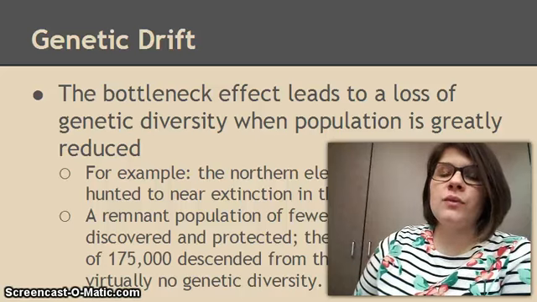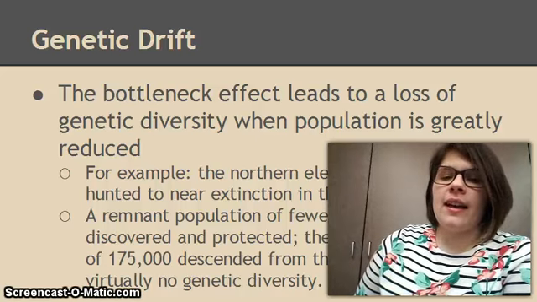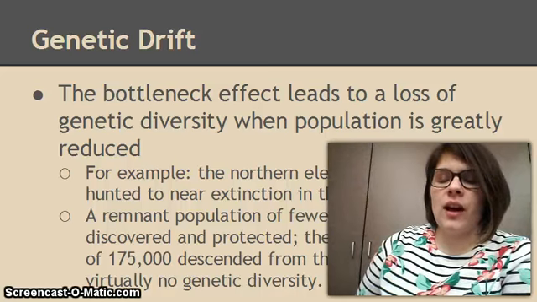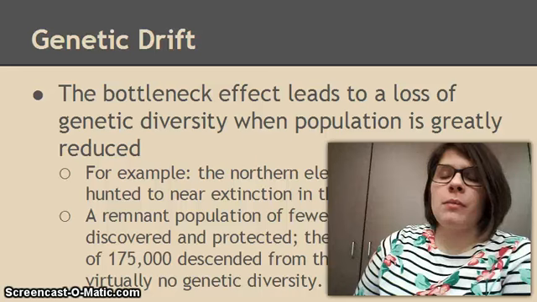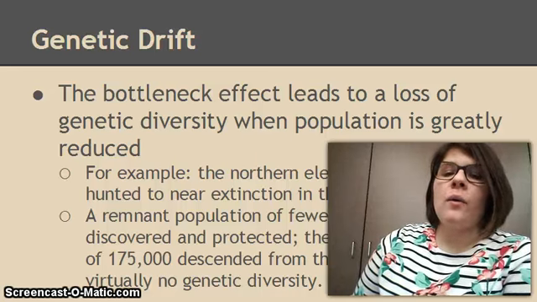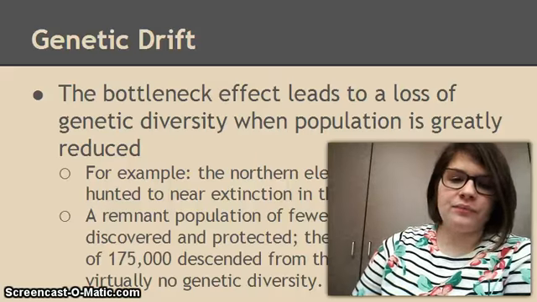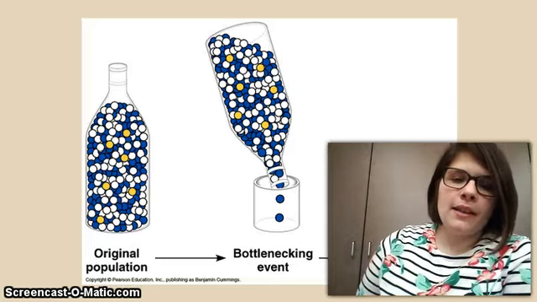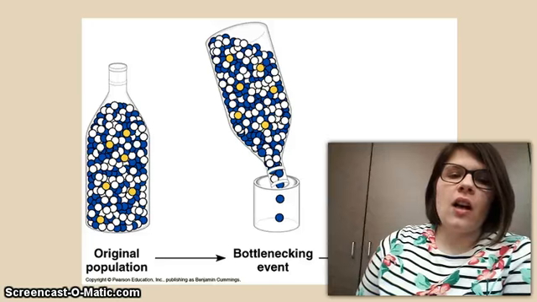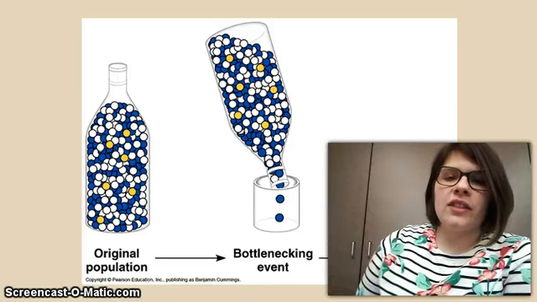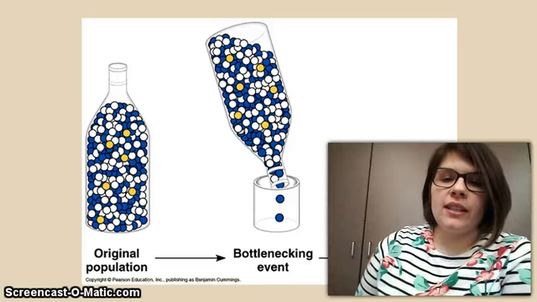Because we reduced the gene pool so much from whatever it had started at to 100, and then we had to build up the population from there, we have almost the exact same genes within that population. So what happened? As you can see, all the different colors of the circles represent a different gene or genetic diversity.